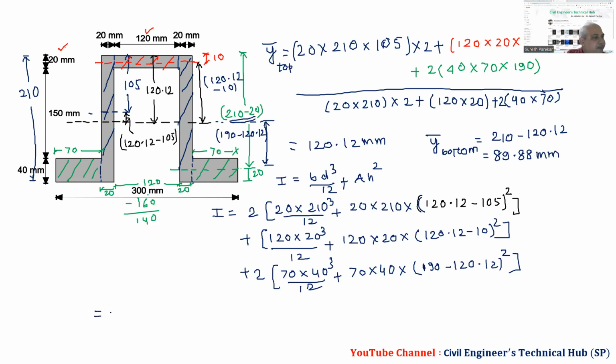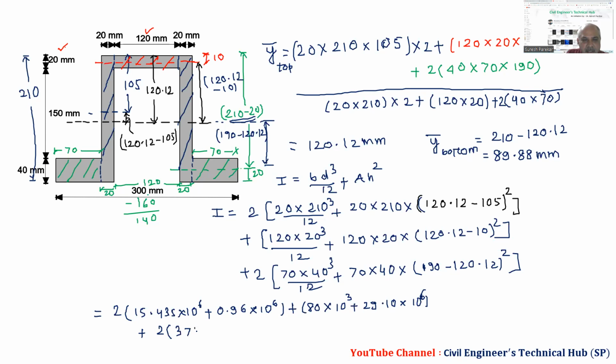So I got the first value: 2 times, in bracket, 15.435 into 10 raised to 6, plus 0.96 into 10 raised to 6, plus 80 into 10 raised to 3, plus 29.10 into 10 raised to 6, plus 2 times 373.33 into 10 raised to 3, plus 13.67 into 10 raised to 6.